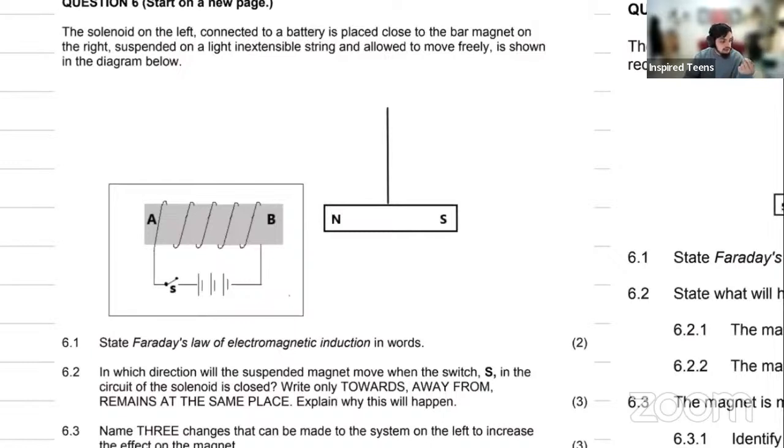Okay, towards. Away, towards, away. Okay, I won't say whether you guys are wrong or not. I'll just explain it and then you can see whether you are wrong according to your answer.